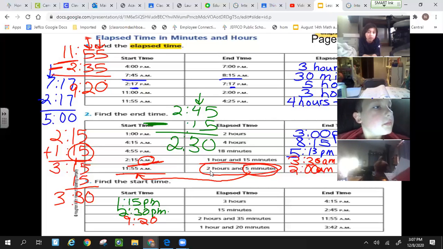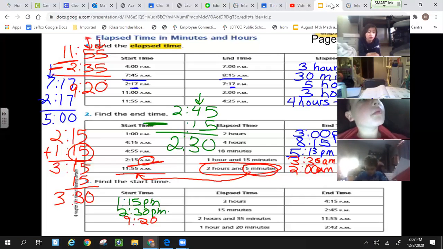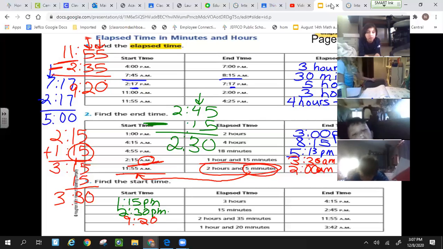We could look at the clock and see what that would be like. Except I have to remember what that was. Let's see. It was 2 hours, 35 minutes? We can check our work.